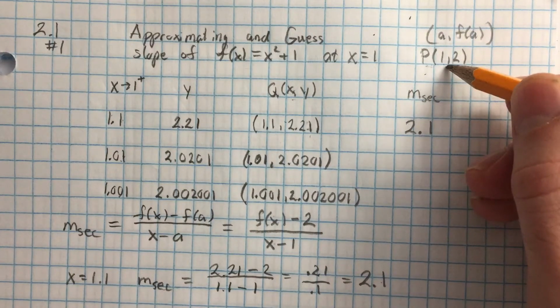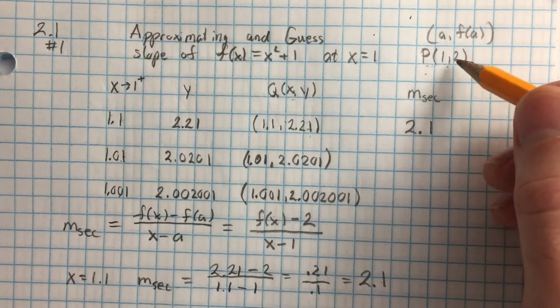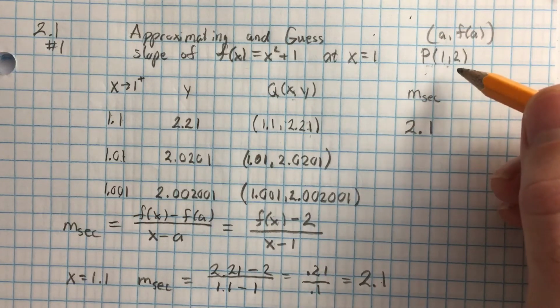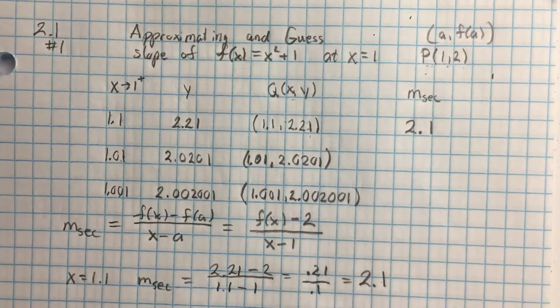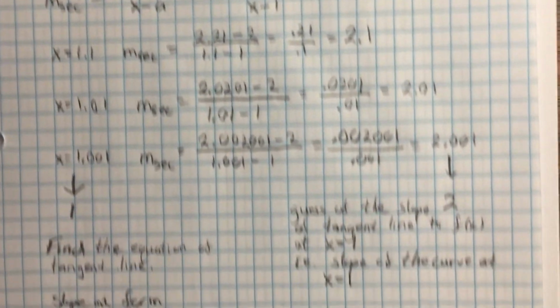That was the point where we're finding the tangent line slope, because that is the slope of the curve there. So the tangent line and the curve always share that single point, and that's what you'll use to find the y-intercept in these cases.